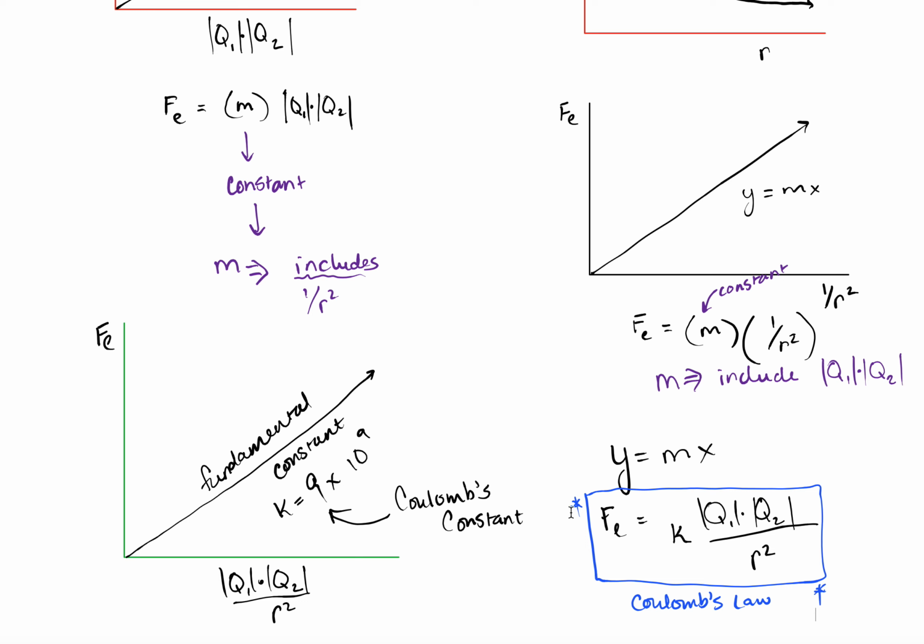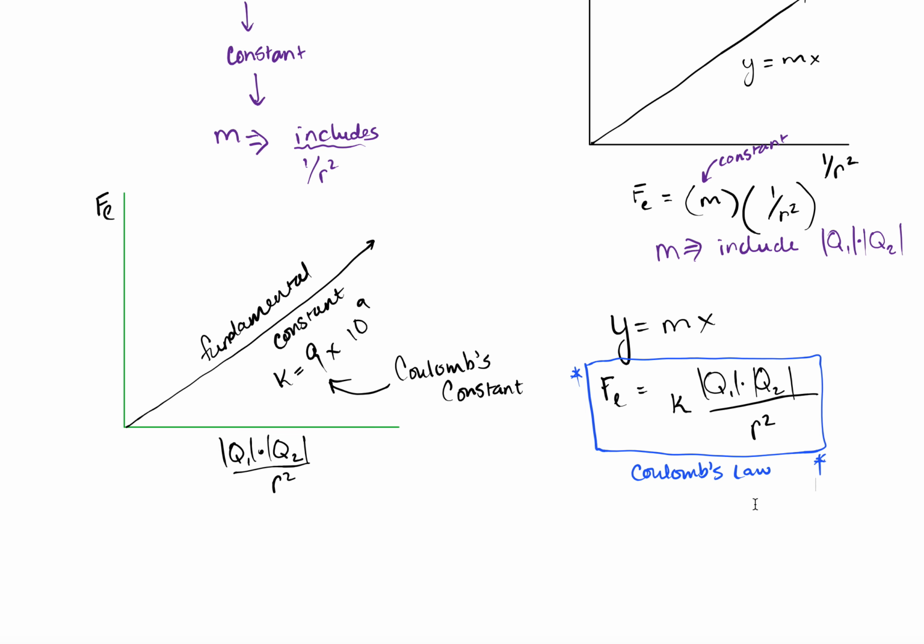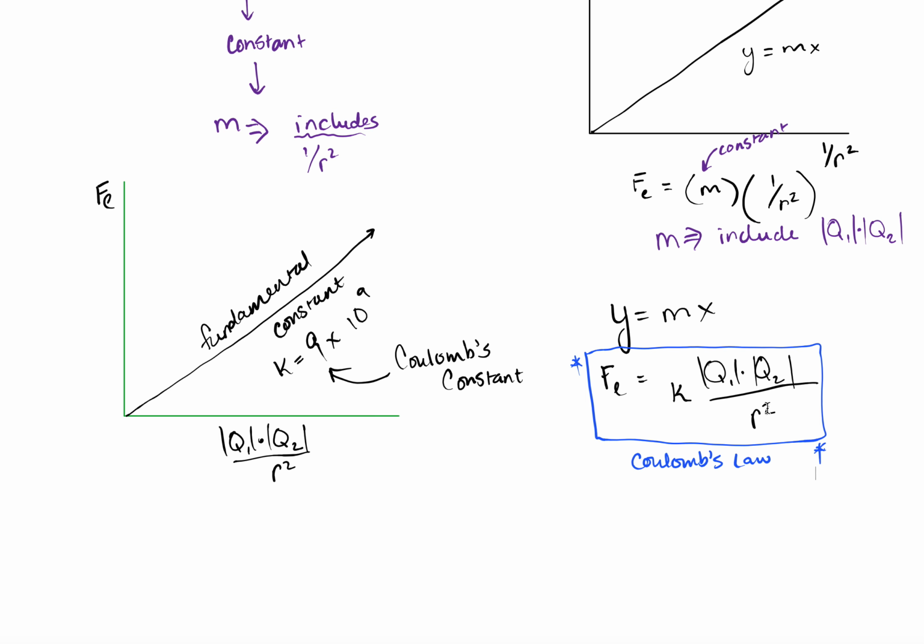So it's pretty easy to solve for the combination of these things. And it looks very similar to the gravitational force equation, that is the universal constant times m1 times m2 over r squared, which would be the attractive force for two masses, whereas this could be the repulsive or the attractive force between two charges.